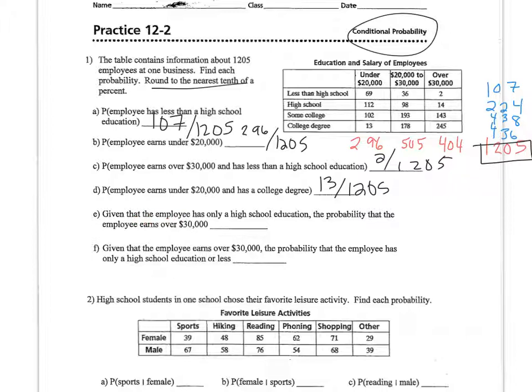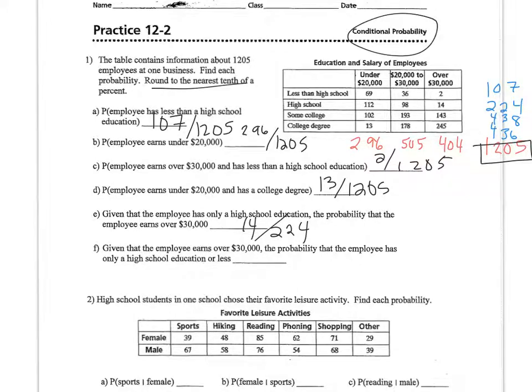Given the employee has a high school education, so only counting these people, the probability that the employee earns over 30,000: of these people, which is 224, is going to be your denominator. How many earn over 30,000? That's 14 out of 224.